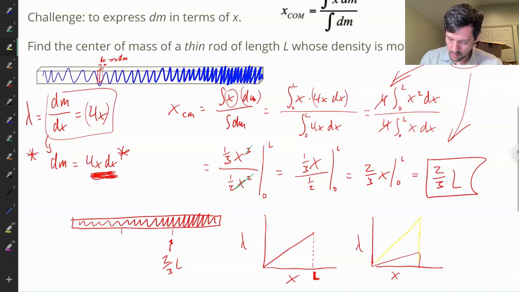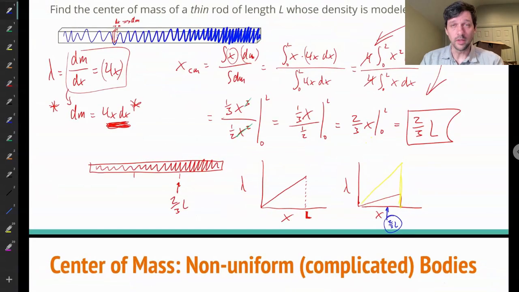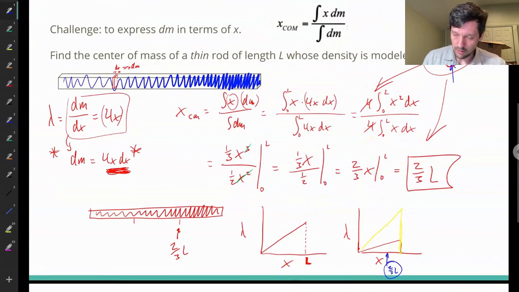But if you do the geometry, just as well as doing calculus, it doesn't matter the thickness or the height of the triangle. The center of mass of the triangle is still going to be at 2/3 L, no matter what. If you were so inclined, you could redo this with any coefficient for the x and get the same answer.